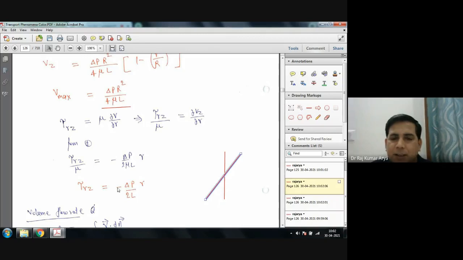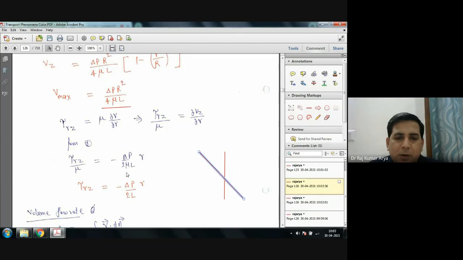This magnitude is coming minus, so this direction needs to be changed. That needs to be taken care of, because if you put r value positive here, this thing is coming negative, right? So therefore this would be on this side. If you put r value negative in the bottom side, this would look like that. So this would be your shear stress profile.